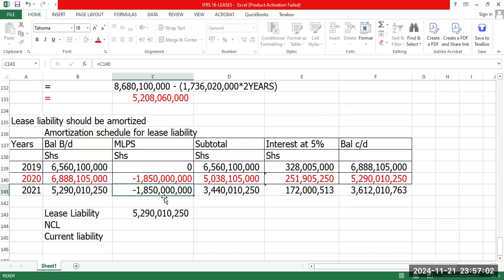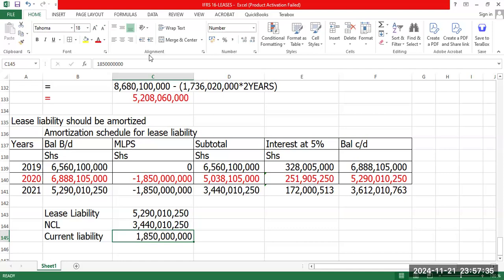This one. Okay, that is number one. Then non-current liability. Simply know that this non-current liability is the subtotal of the next year following the reporting period. It is actually this one.